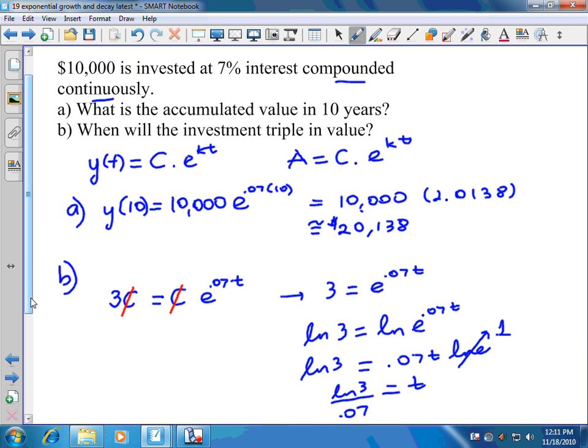And what is remarkable here is that it doesn't really matter how much you have invested. So you could invest a million and that will become 3 million, or you could invest 1,000, that will become 3,000. So whatever the amount invested is, it will become 3 times itself in roughly 15.7 years at the given interest rate.